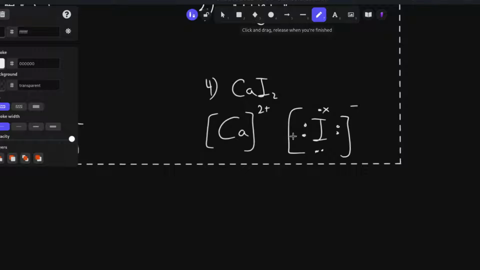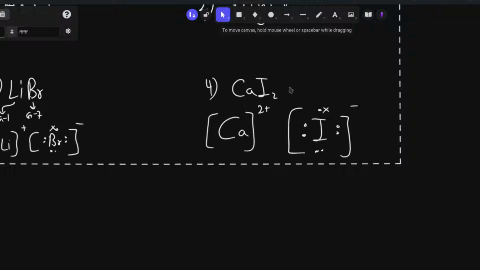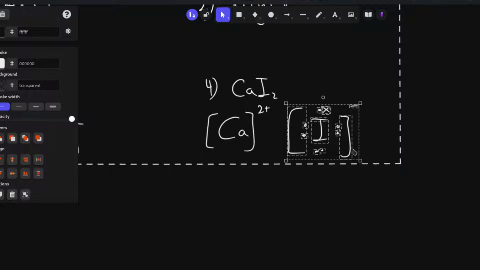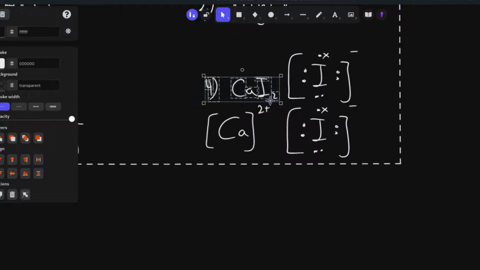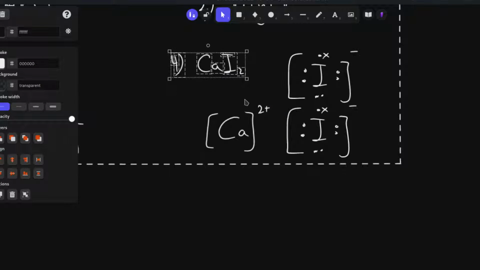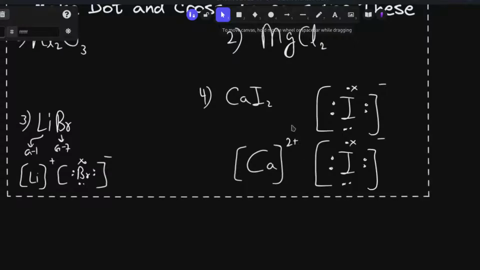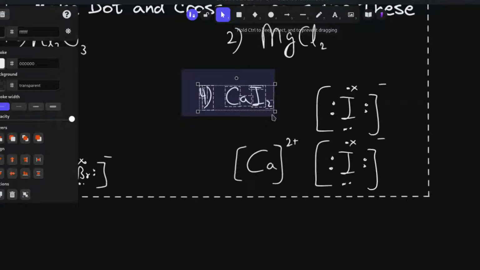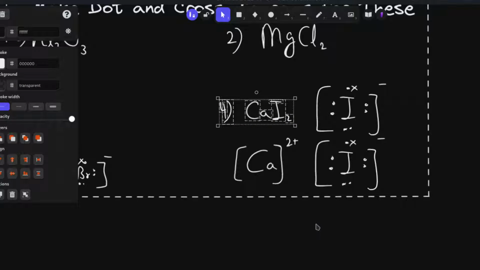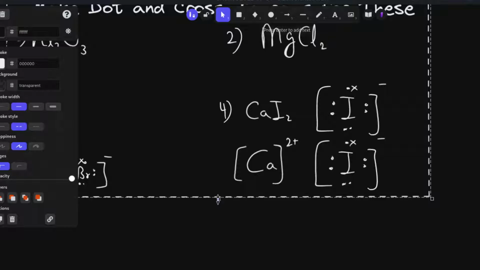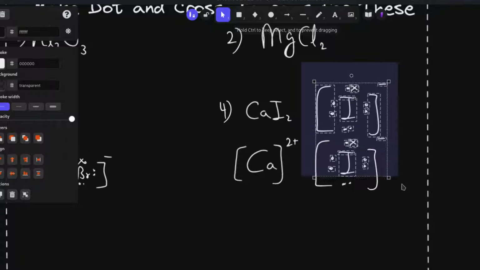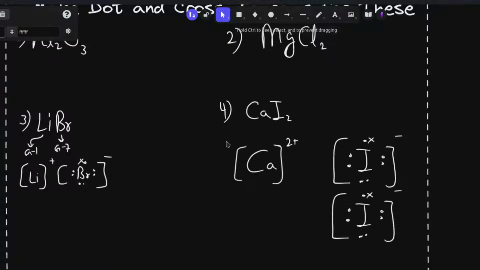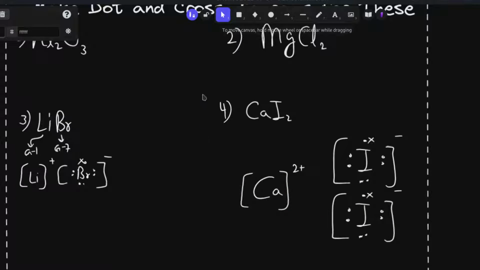Well, the other electron is going to another iodine, and we can copy paste that like so. Right? So this is the structure for calcium iodide. Let me just expand this so that it is much more easily represented.